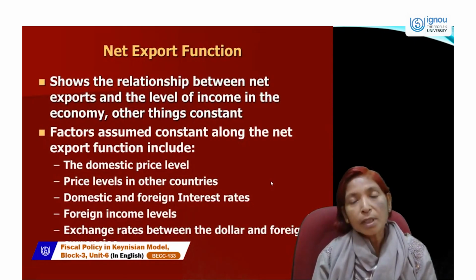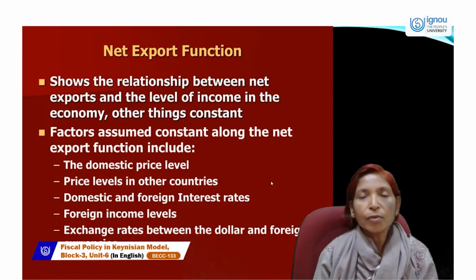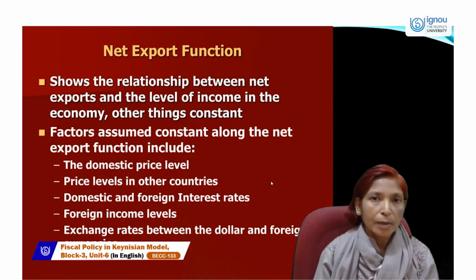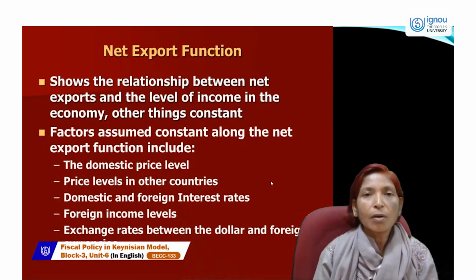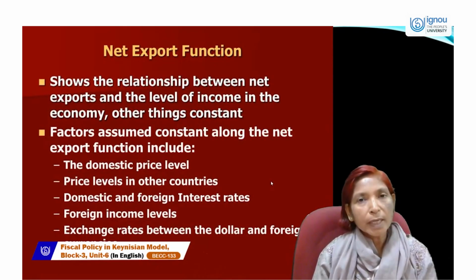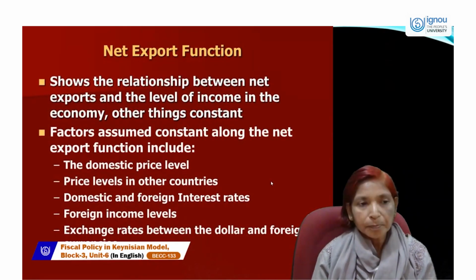So the net export curve is always a downward sloping curve from left to right. It may be zero or negative, because exports are autonomous, constant, and only imports rise with the level of income.